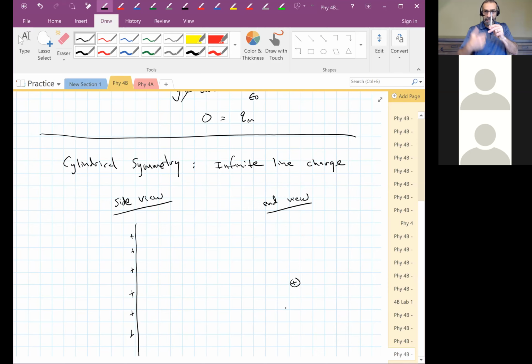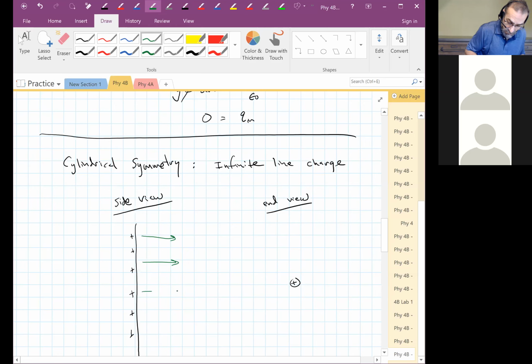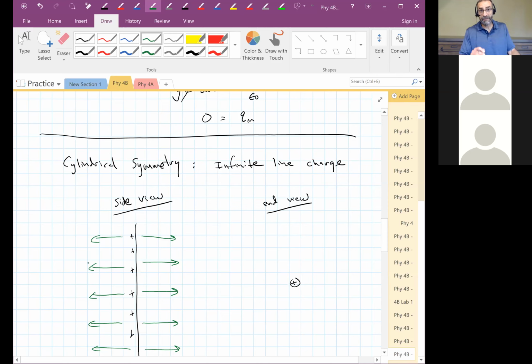If we rotate it 90 degrees, it looks like a line. And the electric field, if we're looking at the side view, is going to look like this, right? And if we're looking at the end view, it's going to look like this.